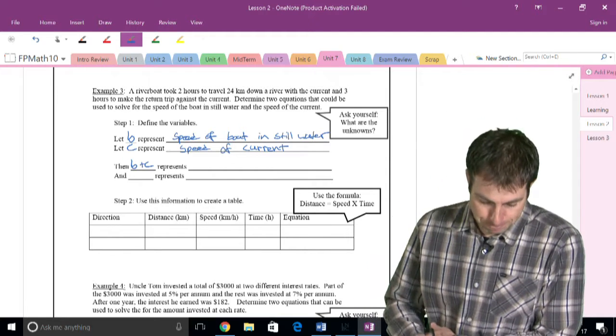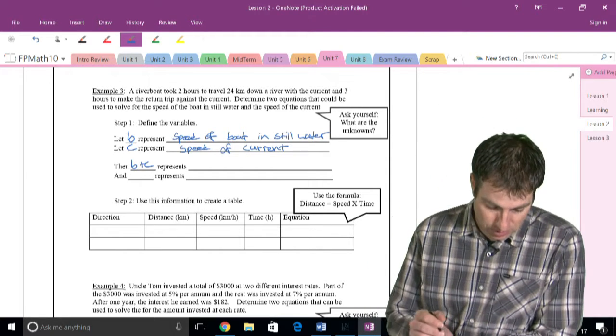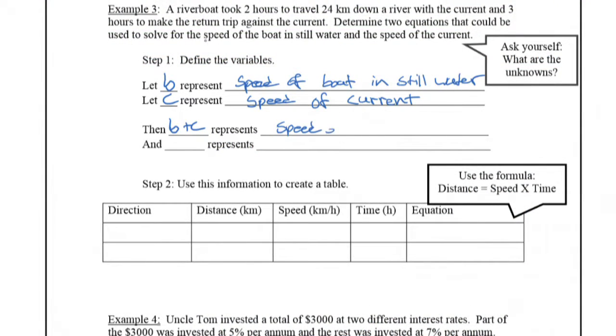So this is going to be the speed of the boat with the current, kind of seen from shore.